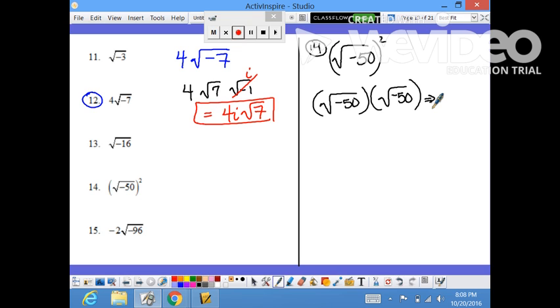And that's right, and that's fine. However, remember your square root property. If I am squaring something that's being square rooted, my answer is just what's under the square root to begin with. Why are we doing so much work? Don't do more work than you need to. So the answer was negative 50.